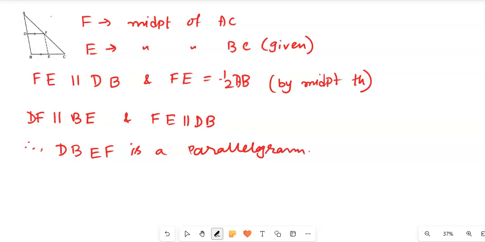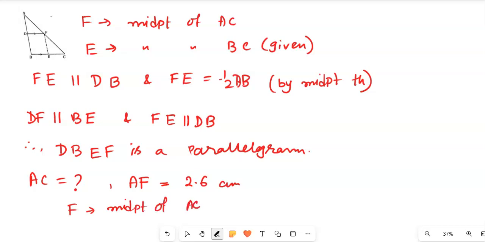Now we have to calculate AC. When AF equal to 2.6 centimeter. Now we got F is midpoint of AC.